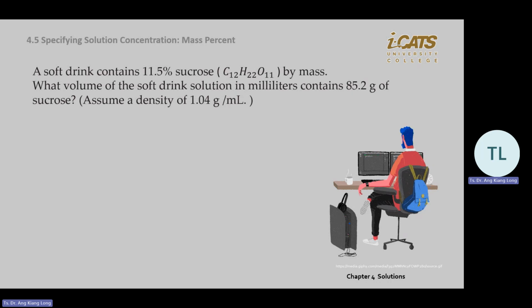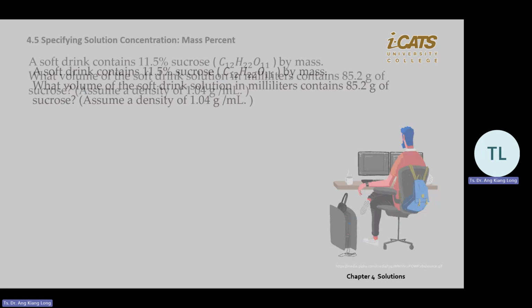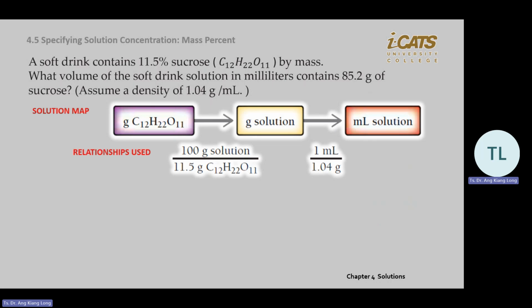So 100 gram has how many ml of volume, right? So you can do the conversion, convert this one into volume, then you're able to find it. Okay. So you know that 11.5 gram of sucrose, in gram unit, is divided by 100 gram of solution.